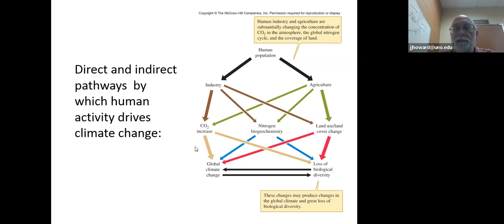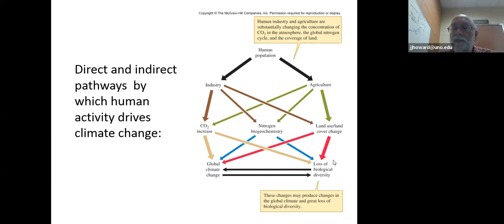But here's the thing. The changes in CO2 then directly affect global climate. But changes in nitrogen chemistry also indirectly affect the global climate. So industry has an indirect effect on climate by changing nitrogen. Agriculture has an indirect effect by changing nitrogen. Land use cover also has an indirect effect by removing plants that sequester CO2.